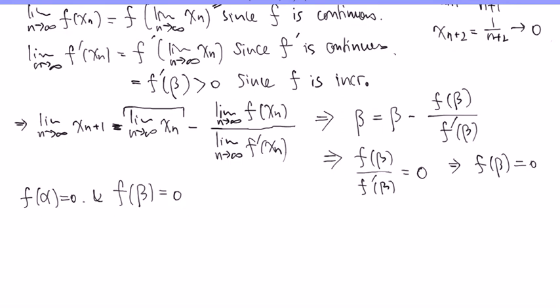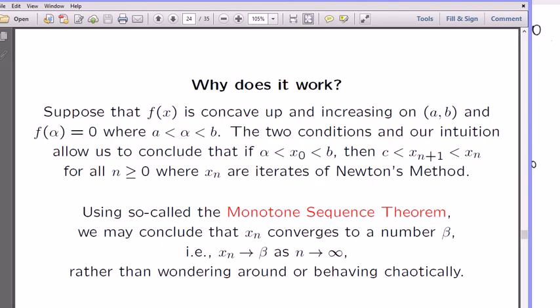So I'm going to show you one more time this context in here. Which part do you think guarantees that this alpha and beta must be equal to each other? A function definitely can have two zeros, right? There are many examples of functions that have 2 zeros and 3 zeros in a short interval, right? So how do you know this alpha and beta we got are actually equal to each other?